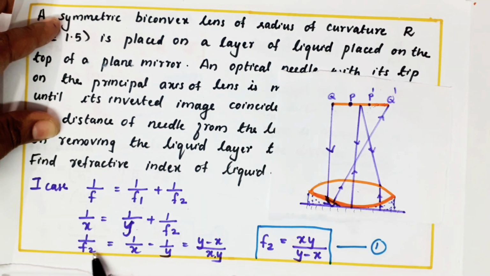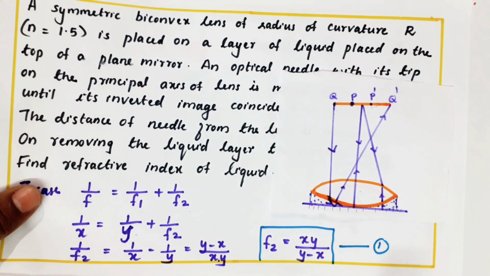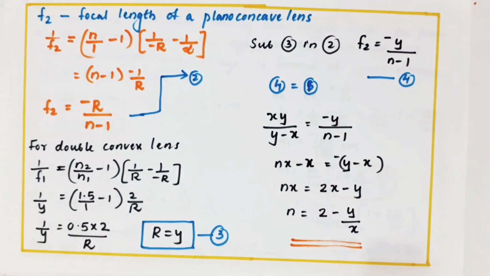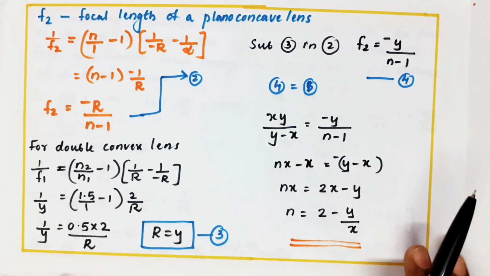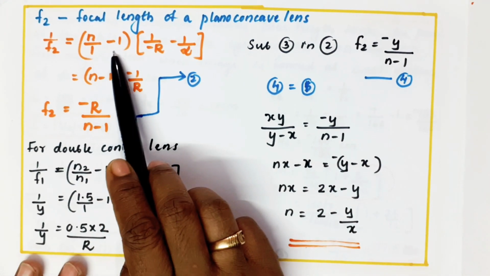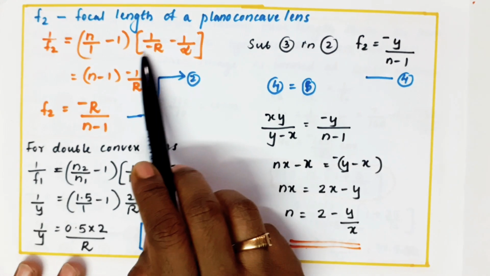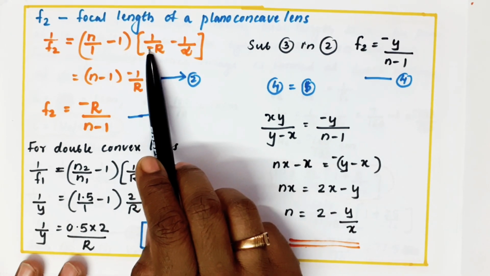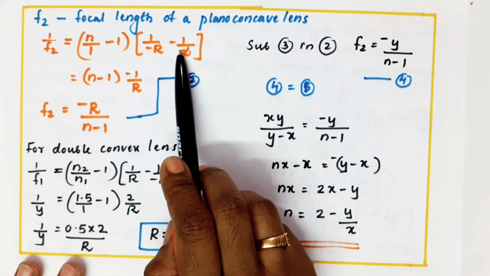Now I am going to do it separately. I make an equation for f2 from here. 1 by f2 is 1 by x minus 1 by y, that is y minus x by xy. So f2 equals xy by y minus x, equation number 1. Now, for a plano concave lens I can apply the lens maker's formula. 1 by f2 is n2 by n1 minus 1 into 1 by r1 minus 1 by r2. For concave, the first r should be negative and the second positive.